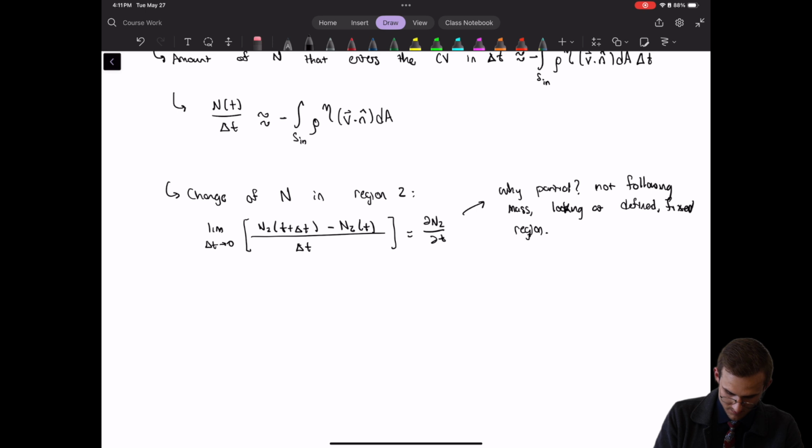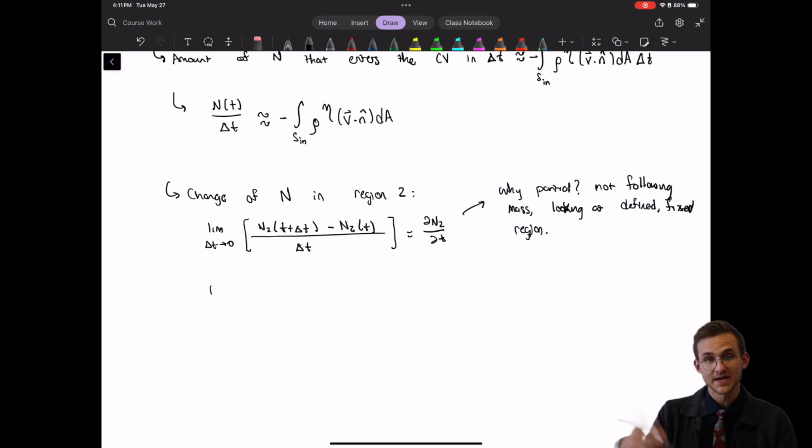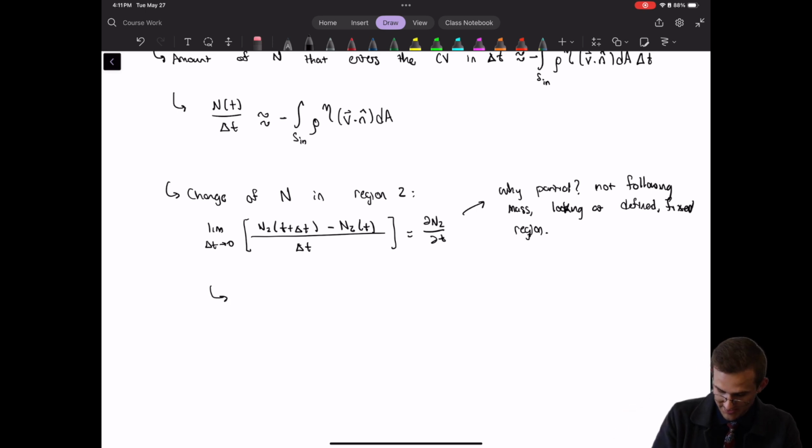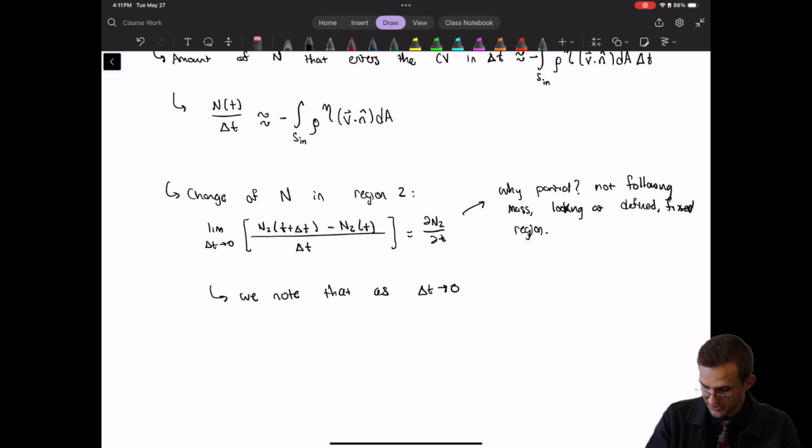Now, one conceptual leap that we have to make here is that we have to note that as delta t goes to 0, region 2 approaches the control volume. Okay, so what's happening here?